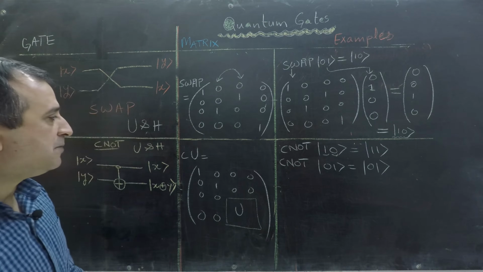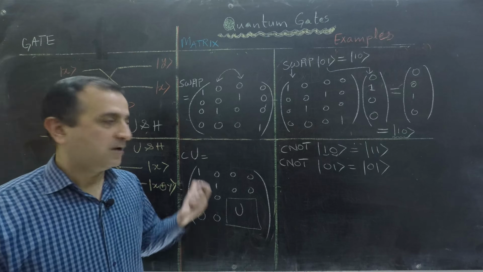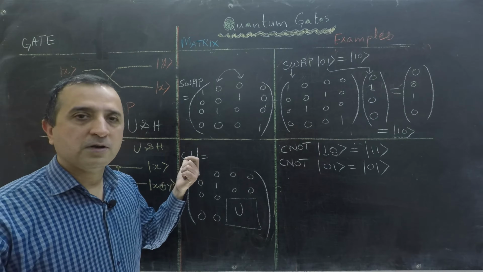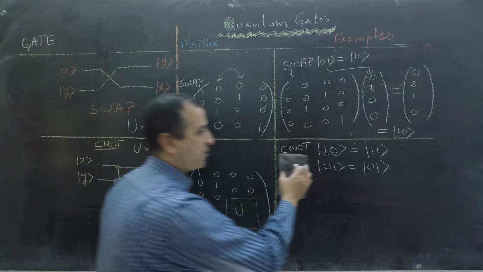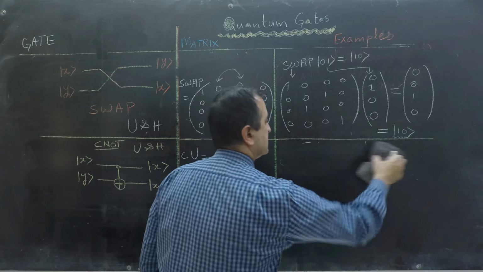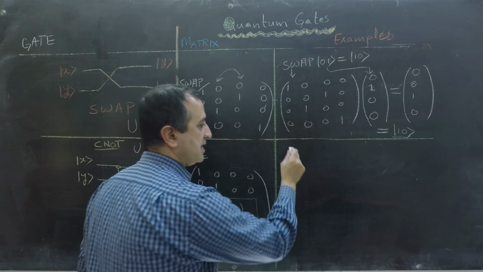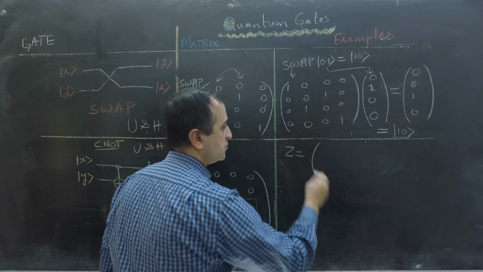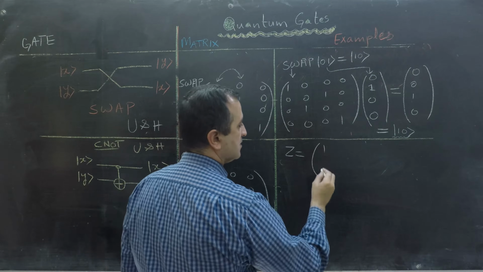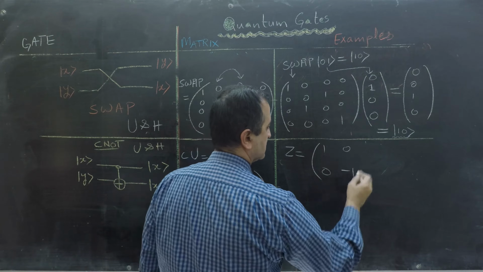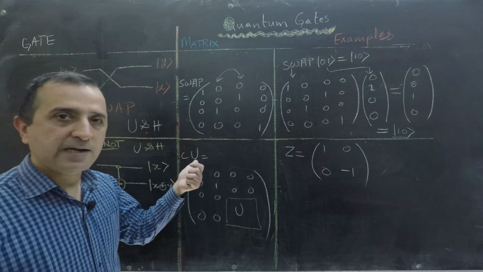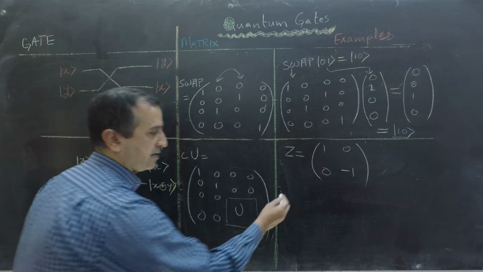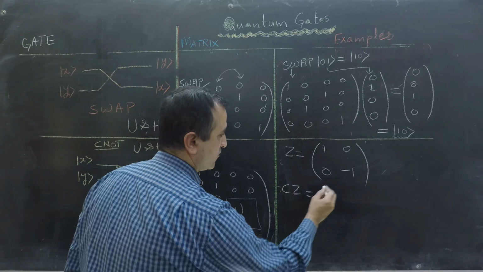For example, if somebody asked me to make a Controlled-Z Gate, I know from the previous blackboard that my single qubit Z gate is equal to 1 0 0 minus 1. So if somebody wants me to make a Controlled-Z Gate, then CZ is equal to what?